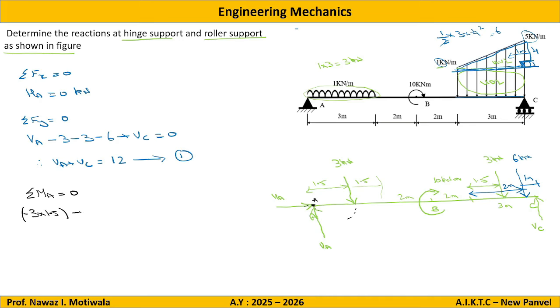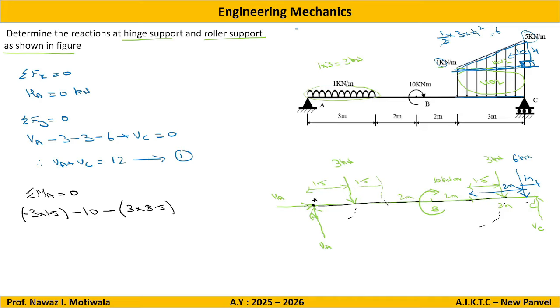Then there is a clockwise couple, so minus 10. Then this force is again making a clockwise moment, so it will be minus of, value of force is 3, distance from point A: from here to here it is 3, then 2 makes 5, then 2 makes 7, 7 plus 1.5, so it will be 8.5.